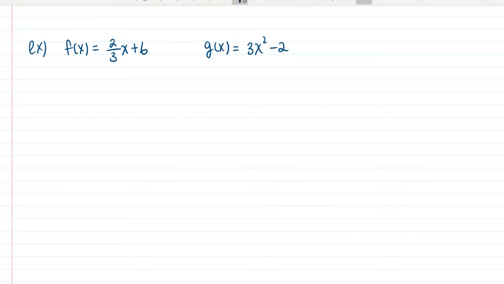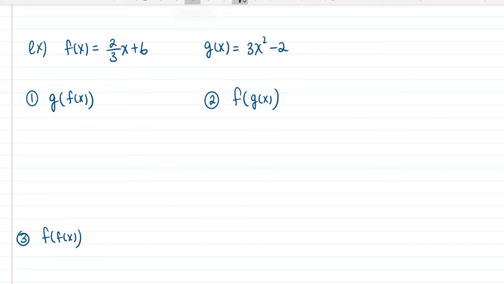Given f of x, 2 over 3x plus 6, and g of x, 3x squared minus 2. Let's find g of f of x, f of g of x, and maybe f of f of x. Okay, so once again, f of x is inside the brackets, so that's the input. And we're going to replace x in the g of x.